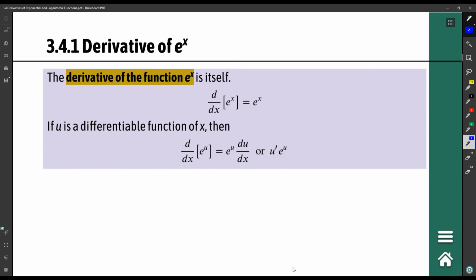The derivative of the function e to the x is itself: d/dx of e to the x is e to the x. And if u is a differentiable function of x, so we're getting in the chain rule here, the derivative with respect to x of e to the u is itself, e to the u times du/dx, or some students like to remember this as simply u prime e to the u. So it's the chain rule with e to the x.